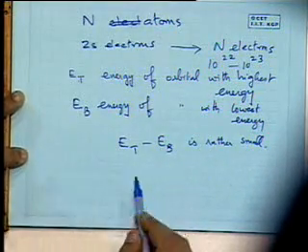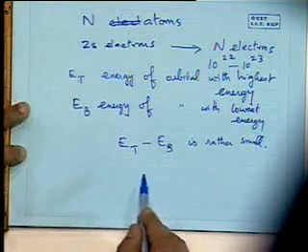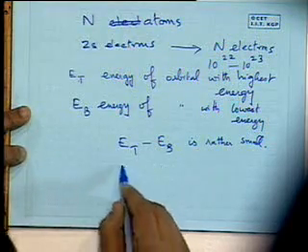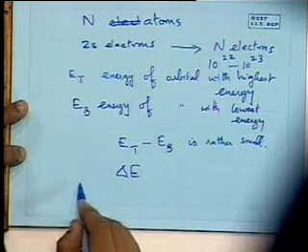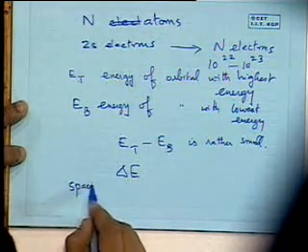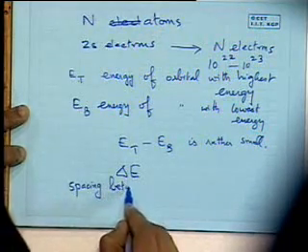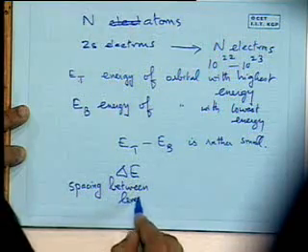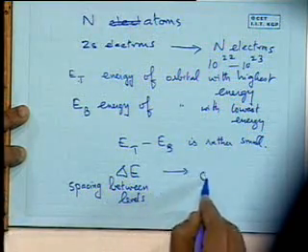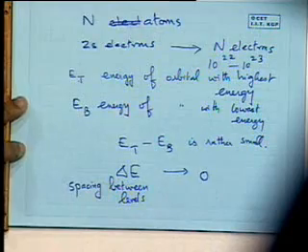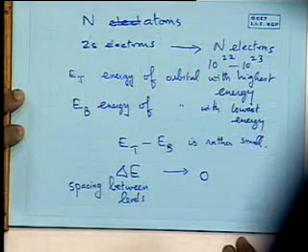And given that there are n levels to fit roughly into this 10 to the power 22, then delta E, which is the spacing between the levels, we might say tends to 0. There are very, very small separations between these levels.